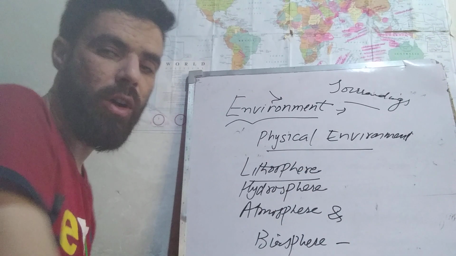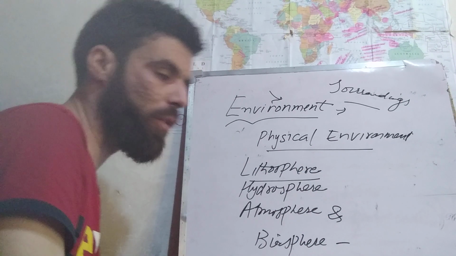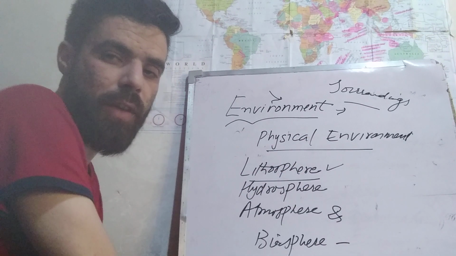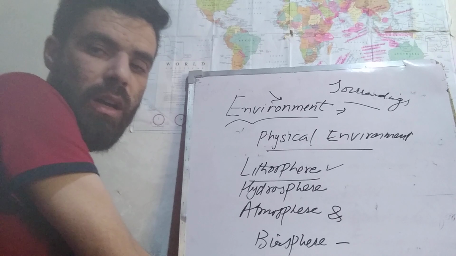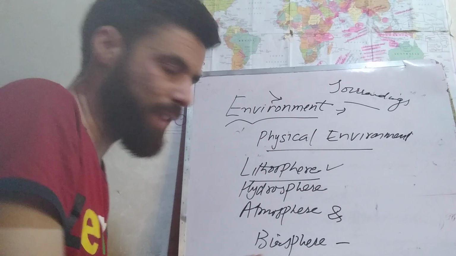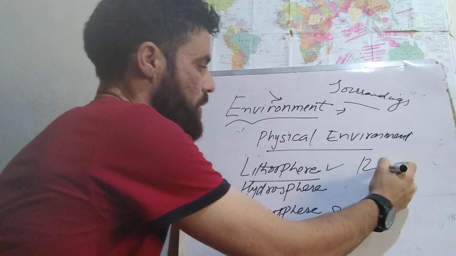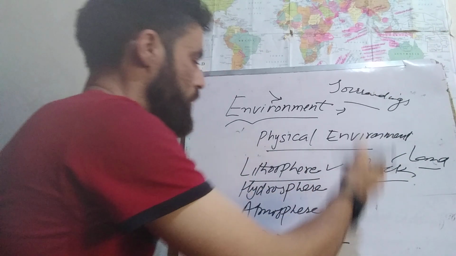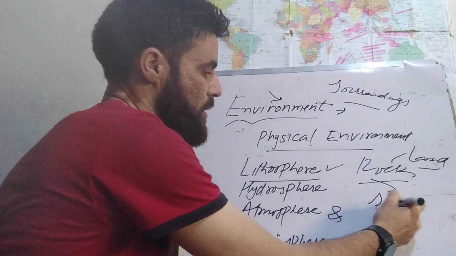What is lithosphere? Lithosphere comprises two words, lithos and sphere. Lithos means rock, or we can say land, and sphere means surface.